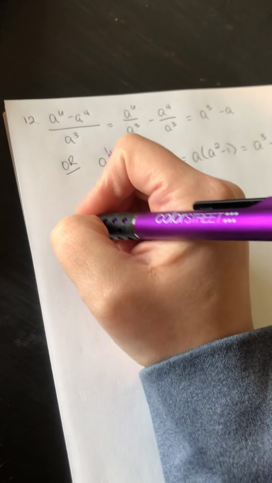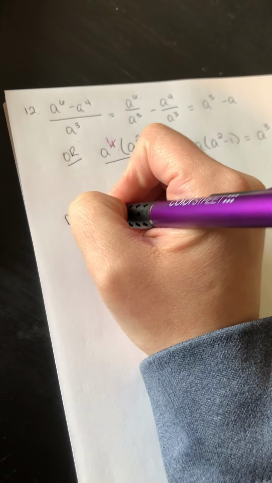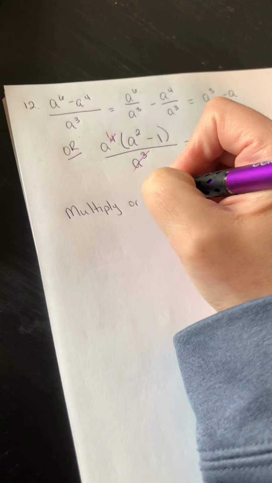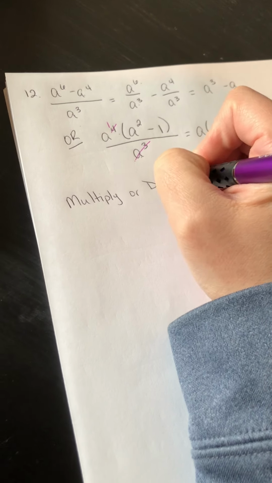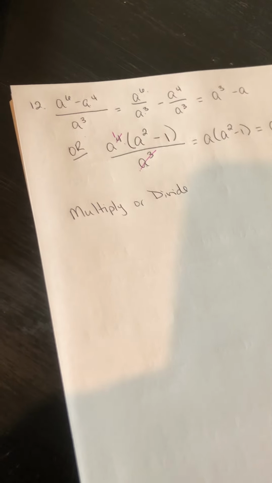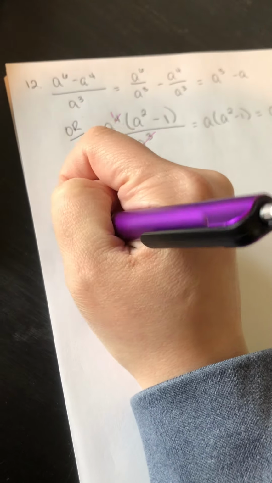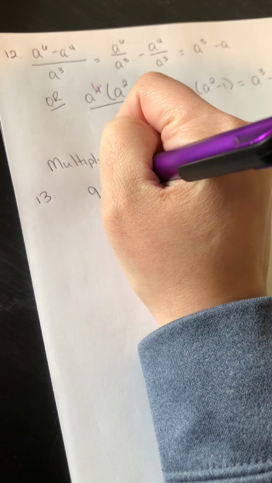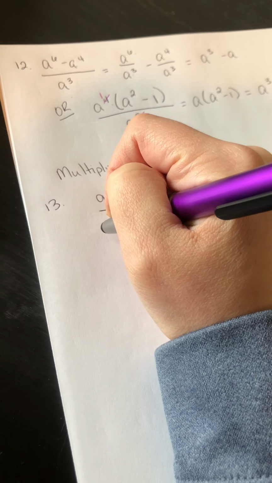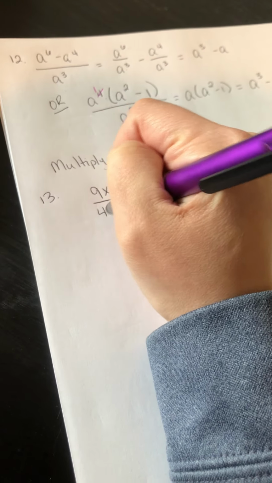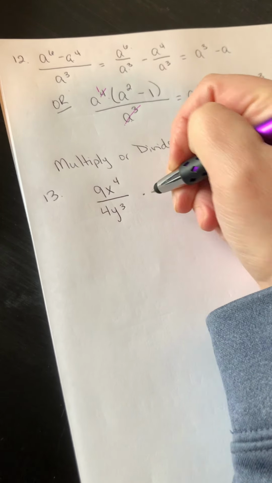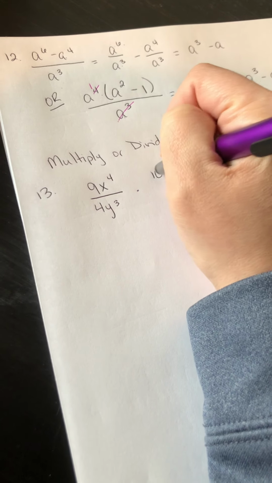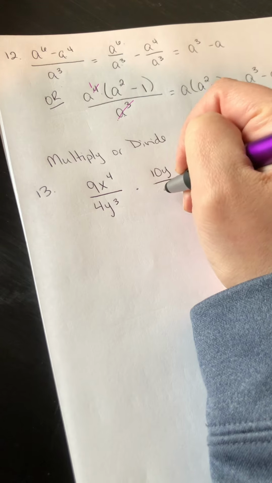For the next part, you want to multiply or divide. So number 13, we have 9x to the fourth over 4y cubed times 10y over x squared.